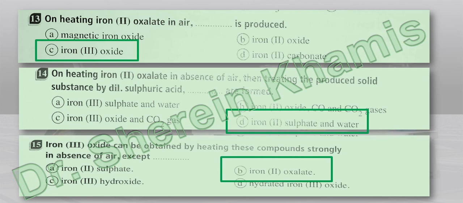Here we have the exception, iron 2 oxalate, which does not form iron 3 oxide at the end of the reaction. This is the last question of our chapter, transition elements.